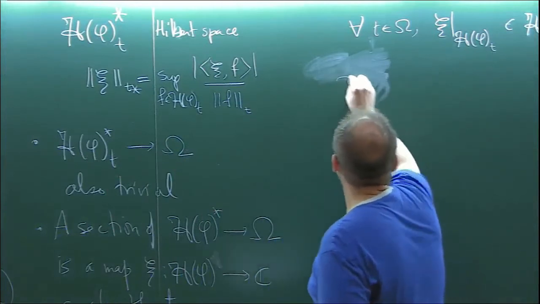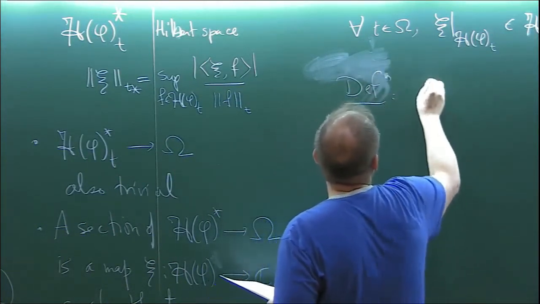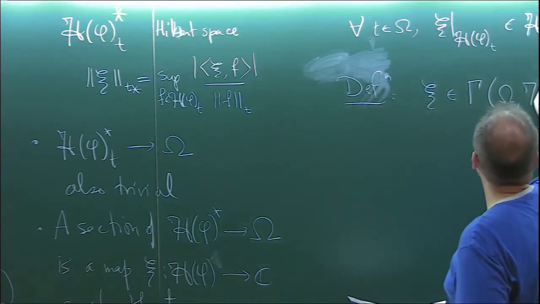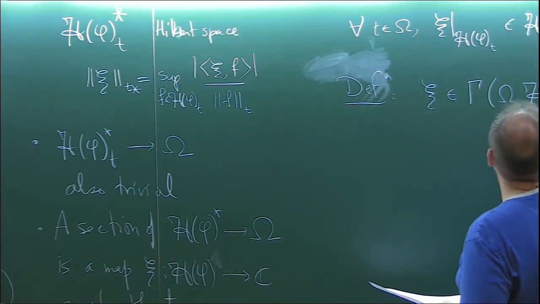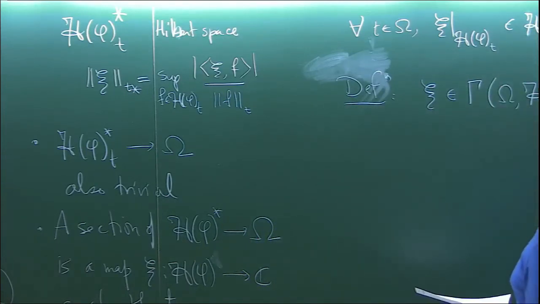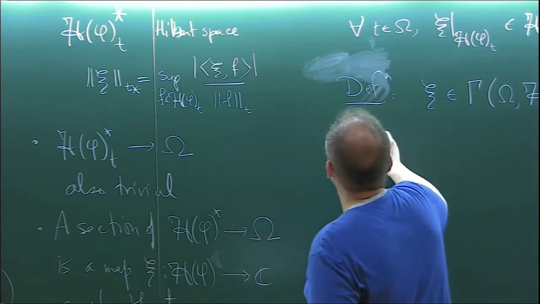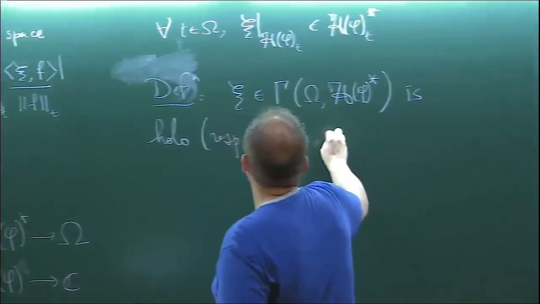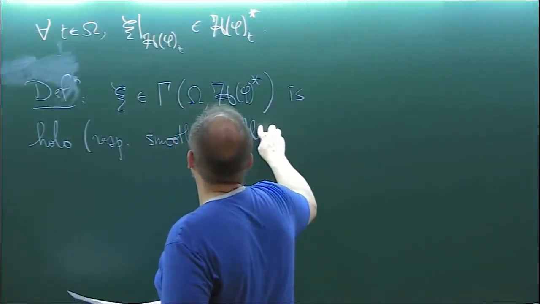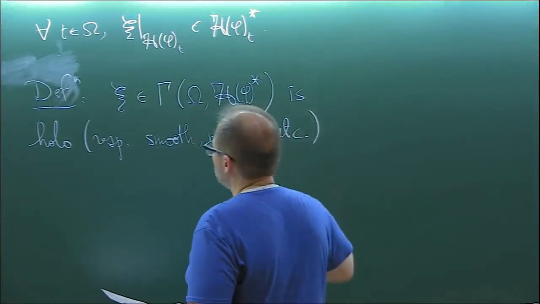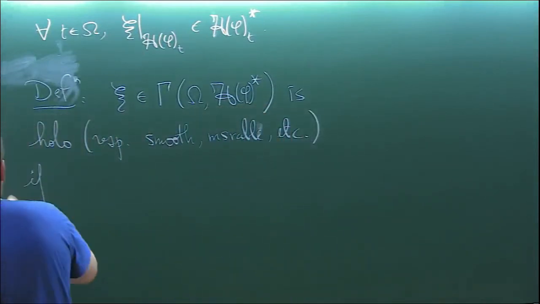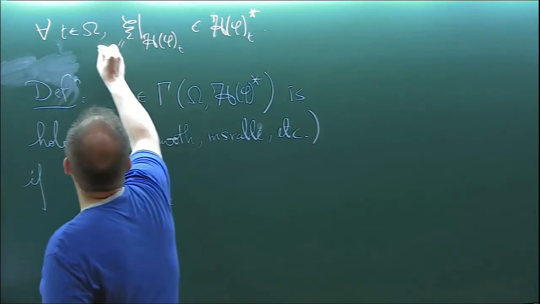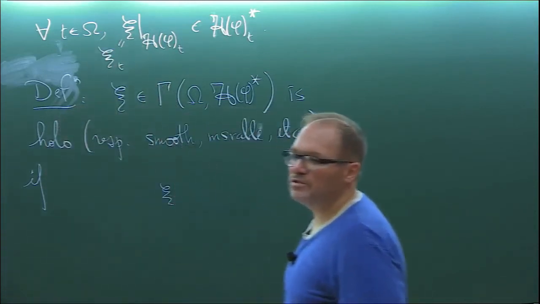So, definition: C in gamma of omega, h of phi star, that's the notation for sections, is holomorphic, or for that matter, smooth, measurable, etc., if you take this section C, and let me denote by C sub t the restriction of C to this fiber.